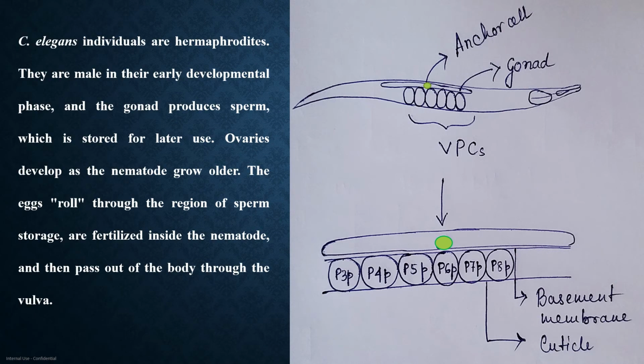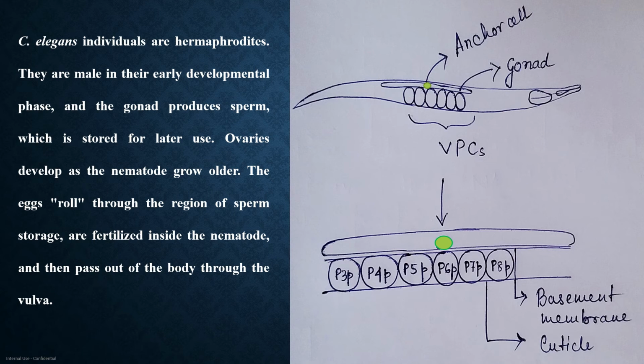C. elegans individuals are hermaphrodites. It means you can study both the sexes in one single organism. They are male in their early developmental phase and the gonad produces sperm, which is stored for later use. Ovaries develop as the nematode grows older.